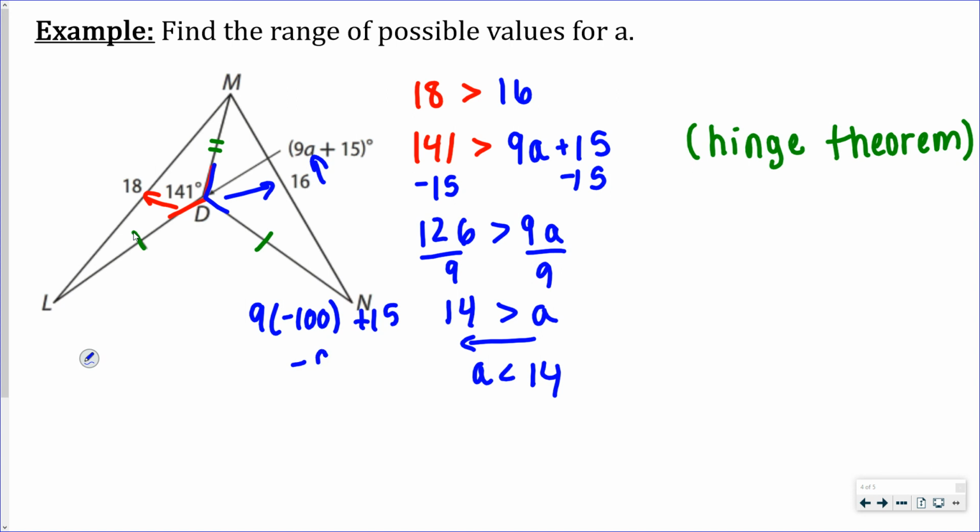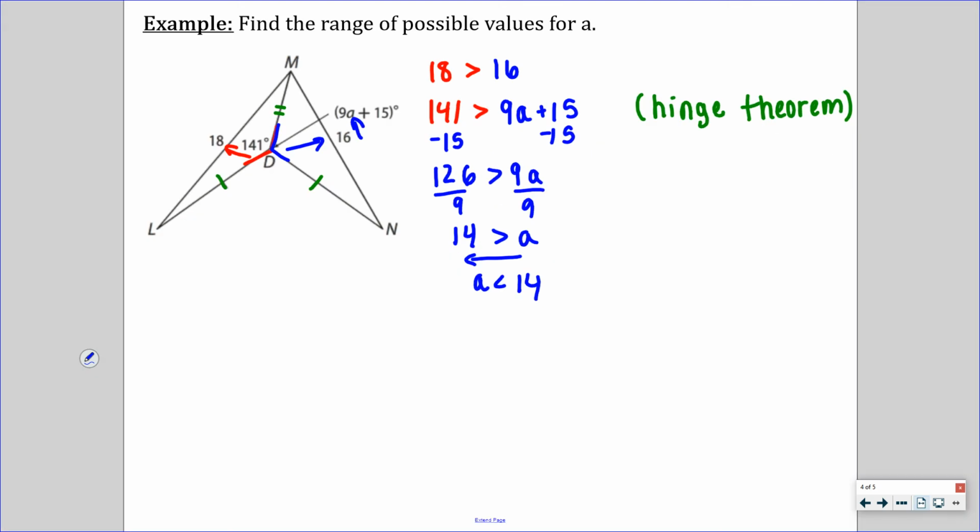What's negative 900 plus 15? Could that angle be negative 885 degrees? Could you have a negative 885 degrees in a triangle? No. We can't have a negative 885 degree angle in a triangle.